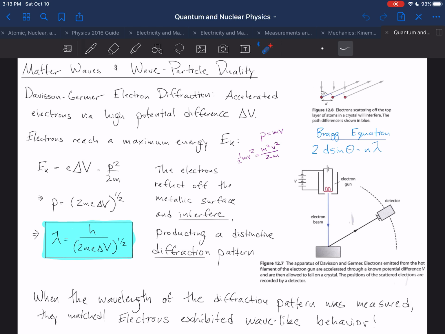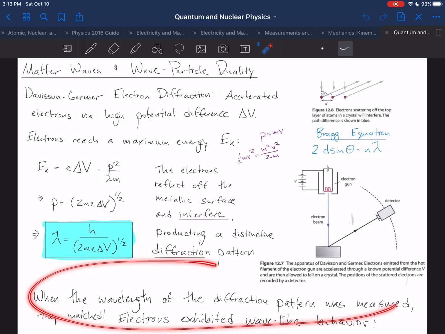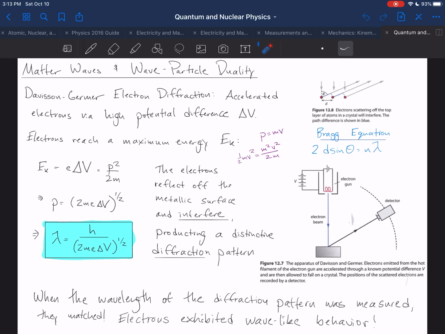And the wavelength you calculate using the de Broglie formula and this predicted momentum, that momentum that you know the electrons are achieving, is exactly the wavelength you see in the interference pattern. And therefore, it's a really astonishing result. The electrons are individually exhibiting some wave-like behavior.